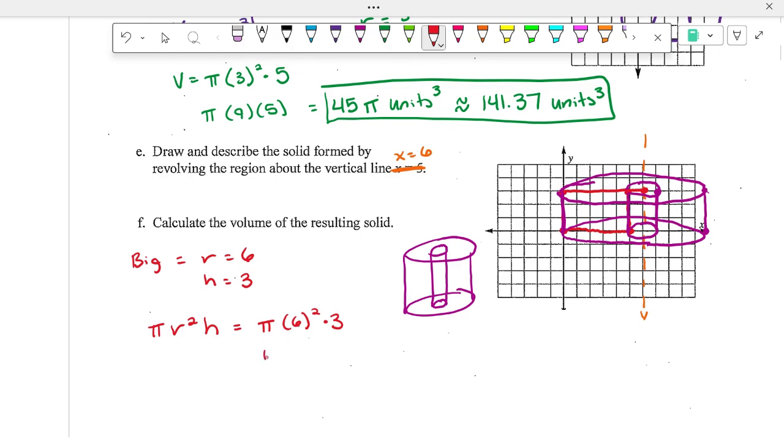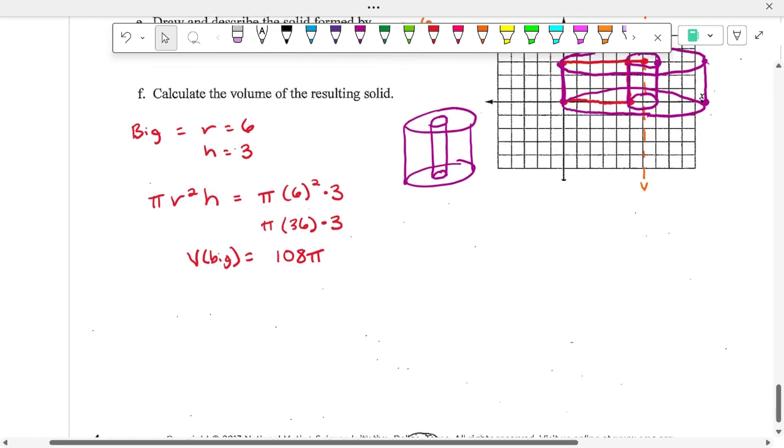So what's 6 squared? 36 times 3. And what's 36 times 3? Guys, got a calculator. Use it. 108 pi. So 108 pi is the volume of my big cylinder.